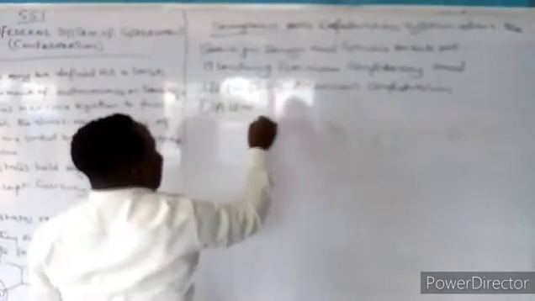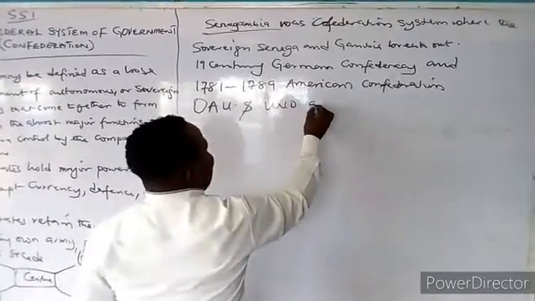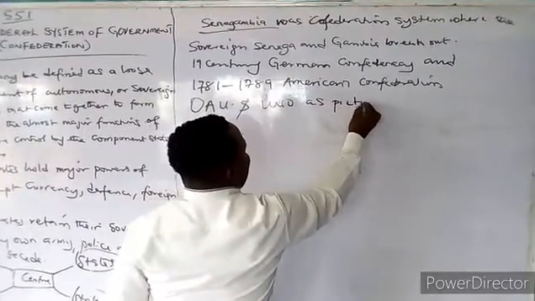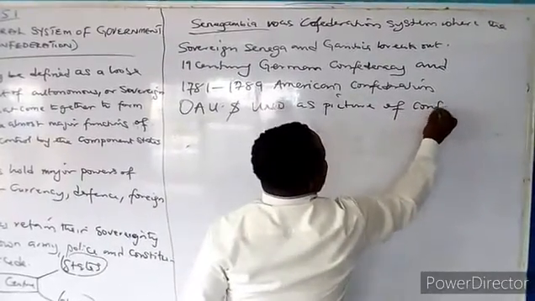Then you could use the Organization of African Unity and UNO as a picture of confederation.